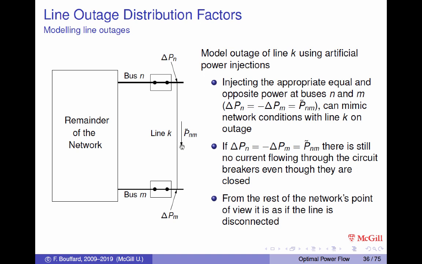And then while this is happening, there would be a PNM tilde flowing in line K. So if we are injecting delta PN here and extracting delta PM here, and these two are equal and opposite and equal to this PNM tilde, there's no current moving across those breakers. This is an important thing to remember. So from the perspective of the network, this line would be completely disconnected.